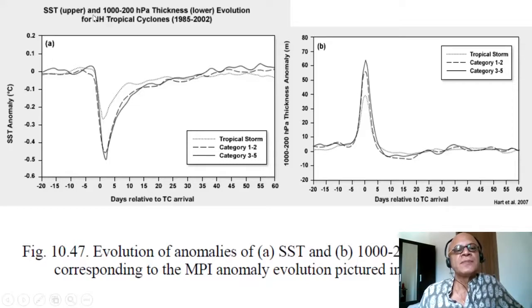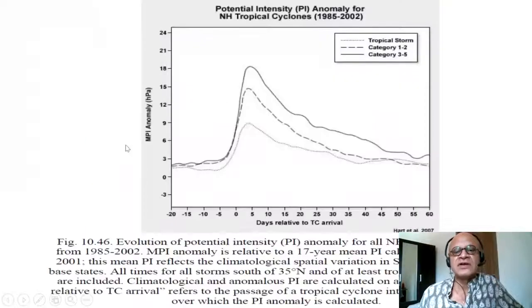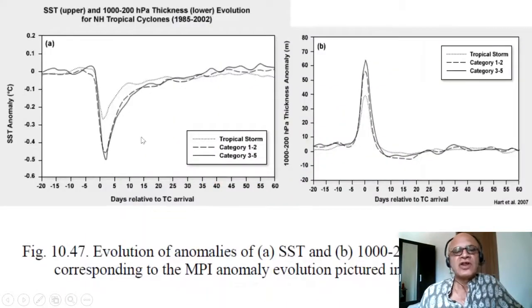So it is SST here and the 100 to 200 hectopascal thickness, and you can see that depending on the category, whether it's a tropical storm or category 1, 2, 3 to 5, unlike the difference here in MPI, the SST anomalies are not that different.